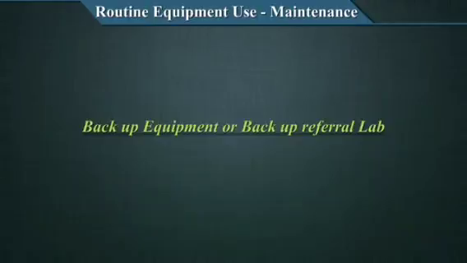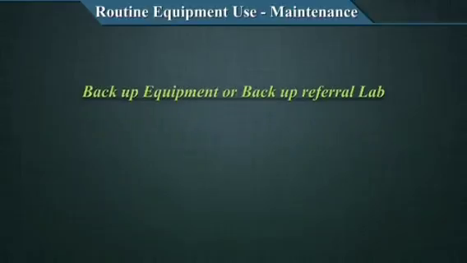So we have come to the next concept, which is indirectly part of your maintenance, but also a totally different aspect of it, which is backup equipment or backup referral labs in the case of breakdown.